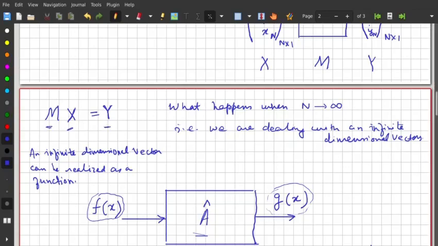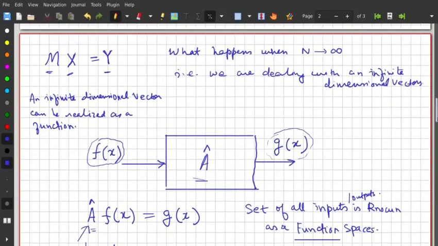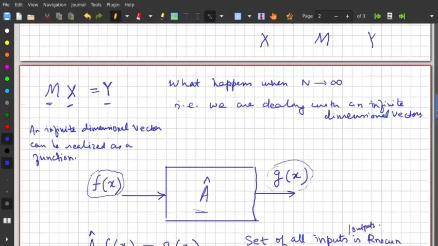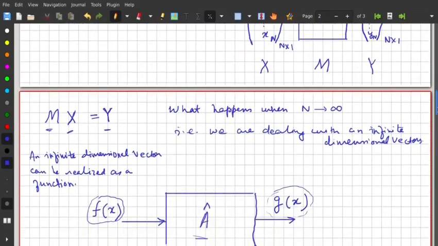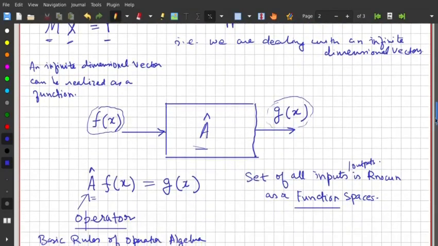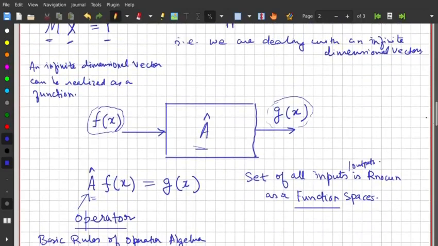So there we thought of the matrix as an operator, and then we took another limiting case where the vector we are taking as an input was from an infinite dimensional vector space, and then we have the realization that an infinite dimensional vector space can be realized as a function.